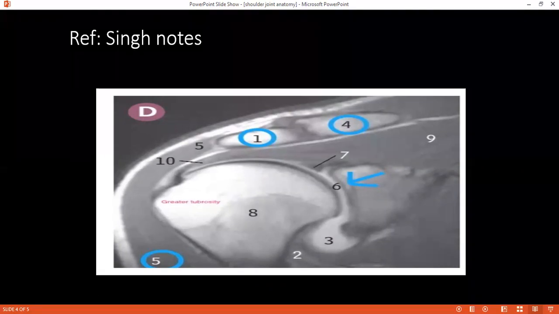This is the MRI of the shoulder joint. 1 is the acromion process. 4 is the clavicle. 6 is the glenoid cavity. 7 is the labrum. 5 is the deltoid. 10 is the supraspinatus tendon. 9 is the muscle. 8 is the head of the humerus. 3 is the axillary recess, and 2 is the axillary nerve and vessels, the posterior circumflex vessels.